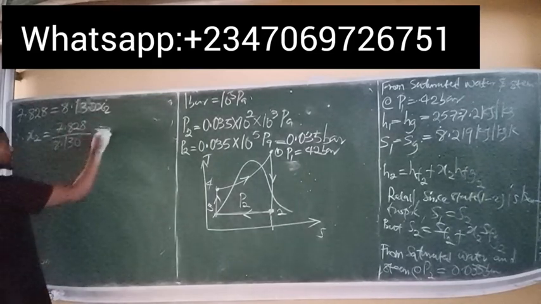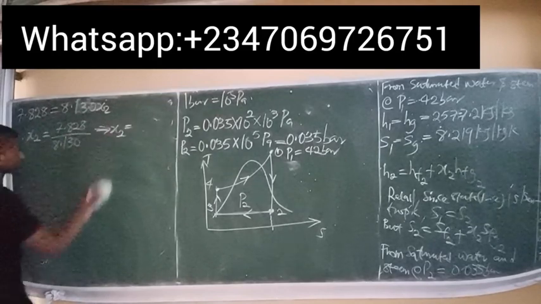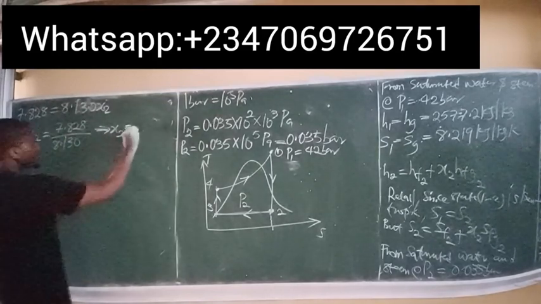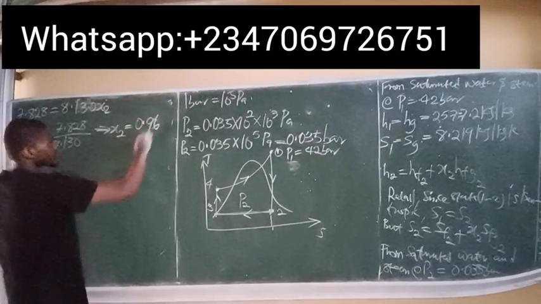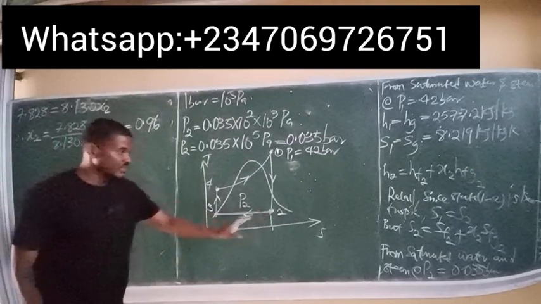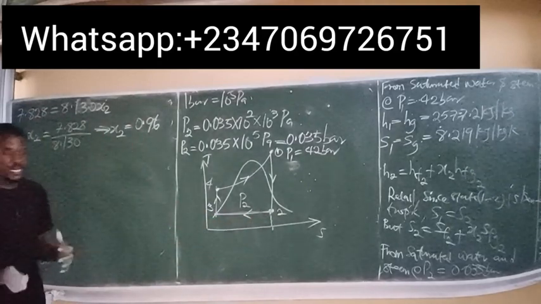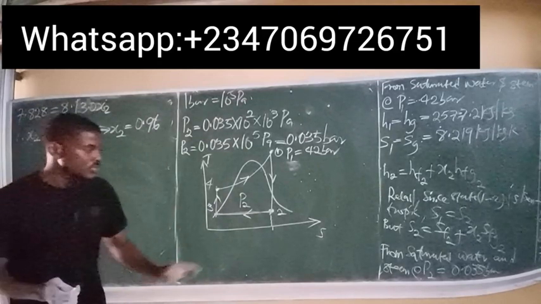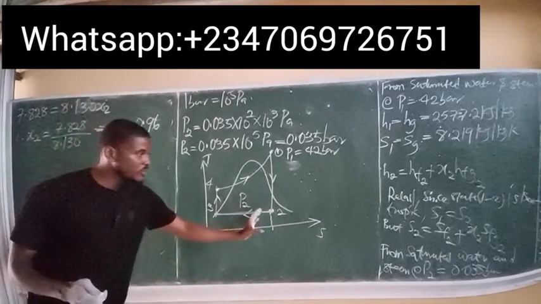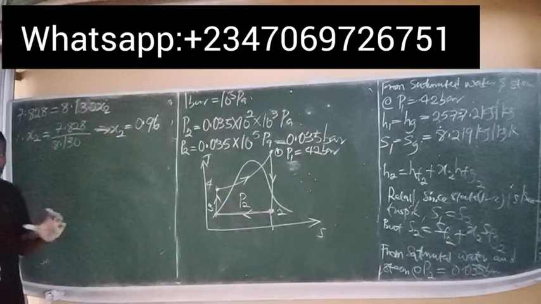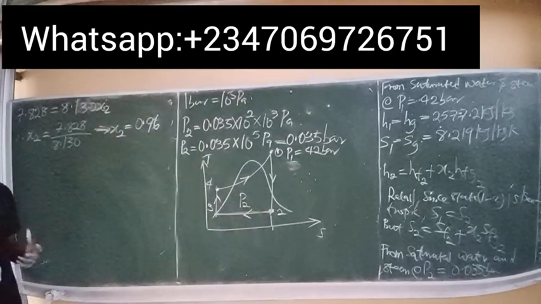This implies that X2 is equal to, give me the value, 0.96. So the dryness fraction at that point at state 2 is simply 0.96. As can be seen, it is very close to 1, and dryness fraction can never exceed 1. It's usually between 0 and 1. So 0.96 simply means it's very close to the gas region, which explains that a little amount of heat was lost, which is why we have to find this dryness fraction.